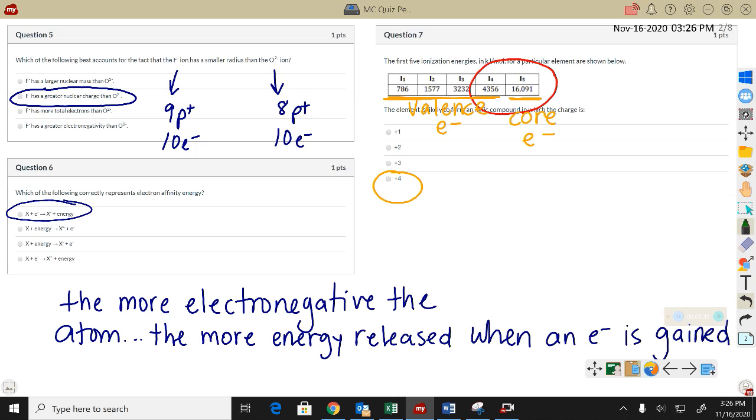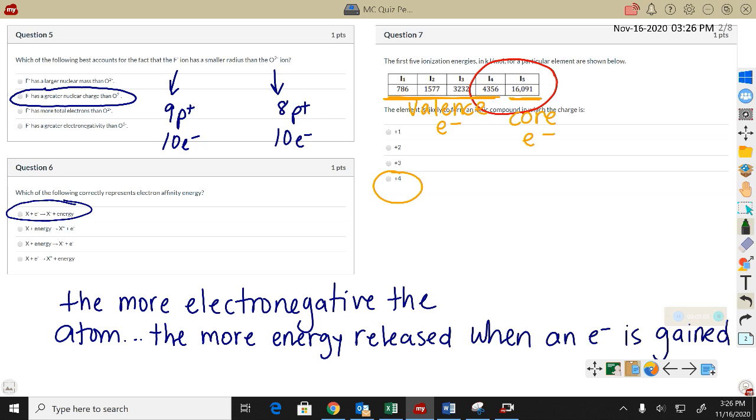That would also include neutrons, which have nothing to do with it. More total electrons, nope, they've got the same number of electrons. And yeah, fluorine has a greater electronegativity, but that has to do with gaining electrons and not necessarily affecting the radius. It's the attraction that affects the radius.